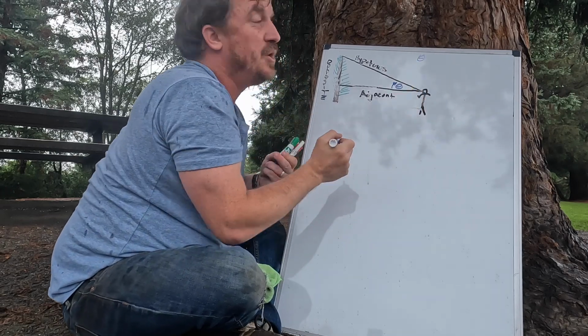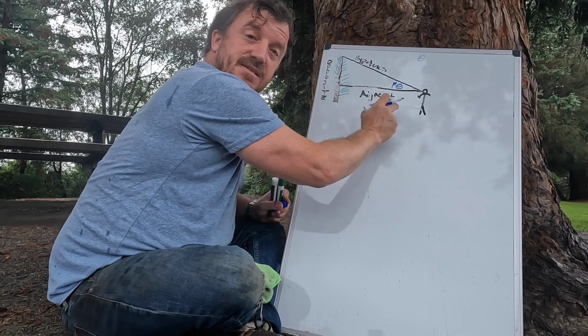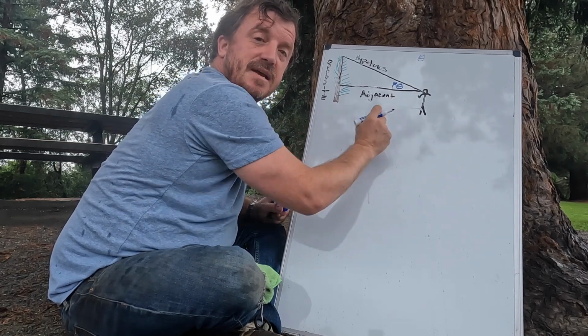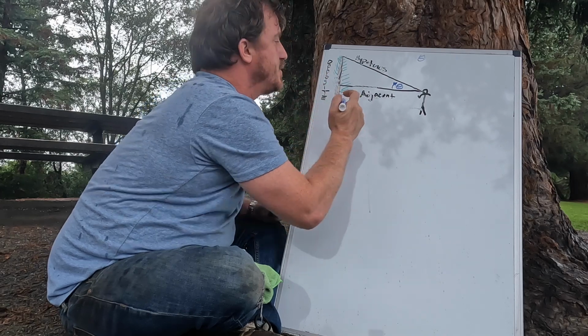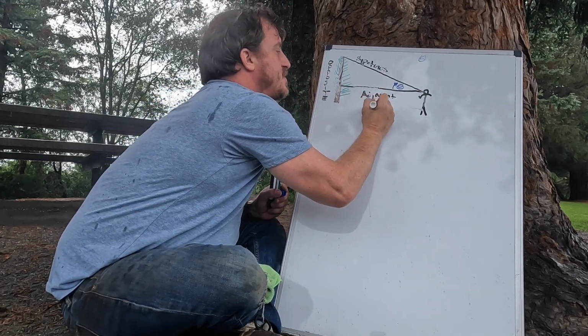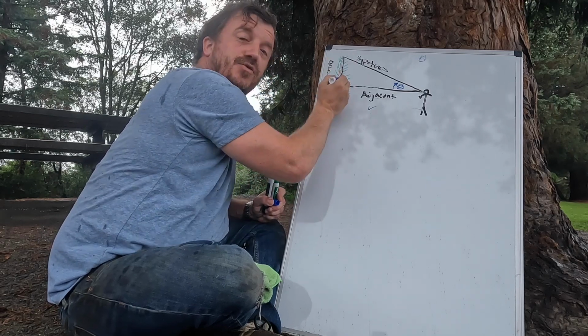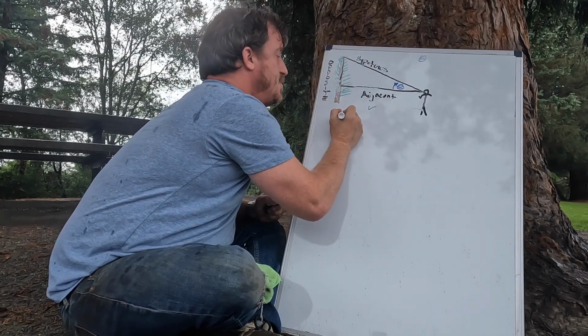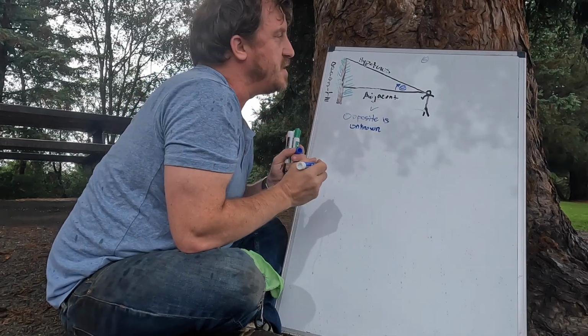We're going to know what the adjacent is because we can measure that either with a tape measure or with the laser rangefinder. We're measuring the opposite because we want to know the height of the tree, right? So the opposite is the unknown.